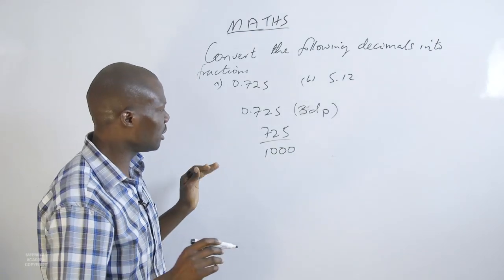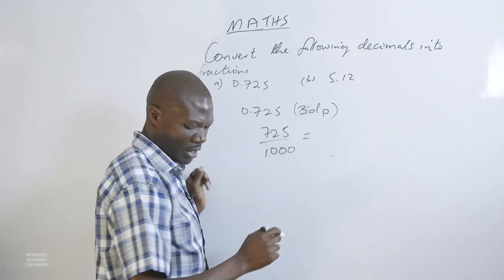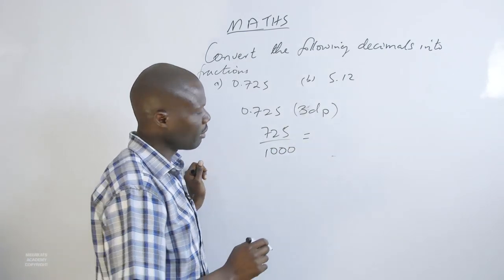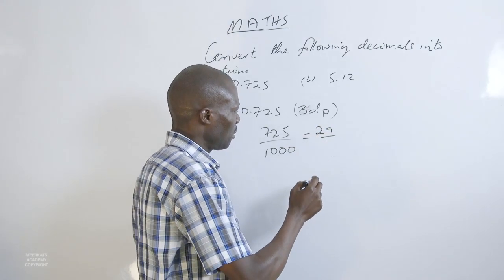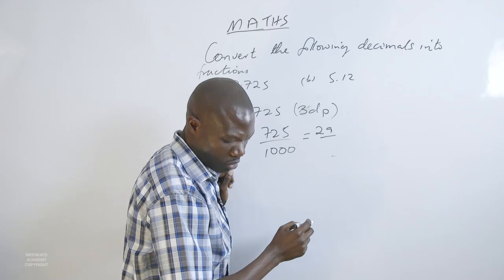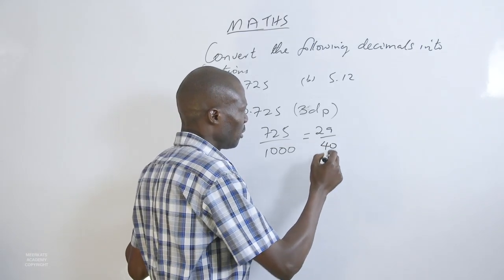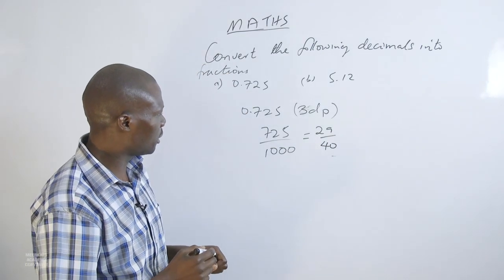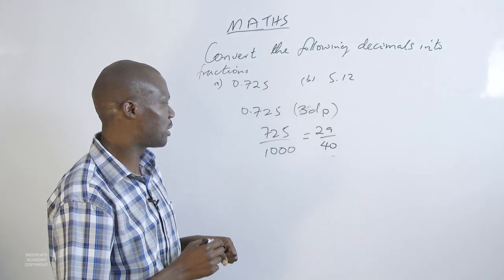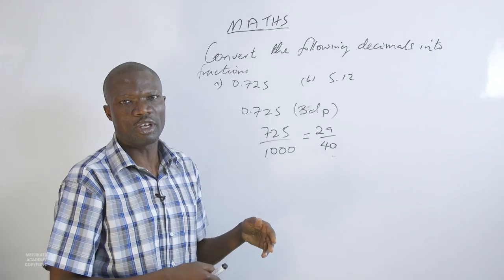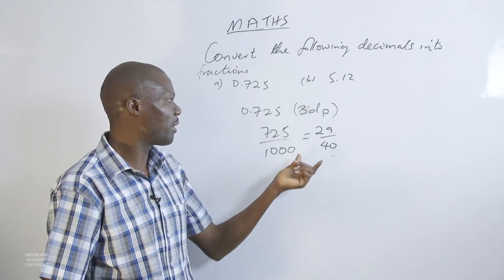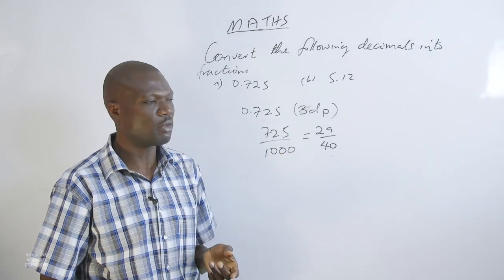You go ahead and simplify. When you simplify this, you will get 29 over 40. You can use a calculator, or you can use a long method as you simplify slowly by looking at the highest common factor.